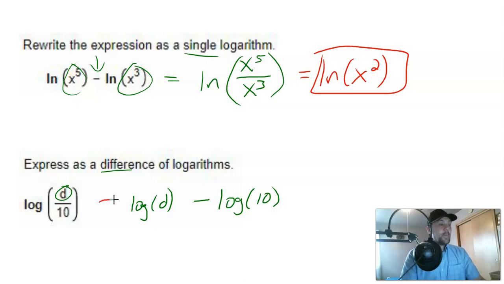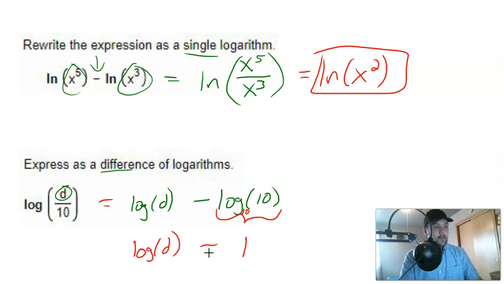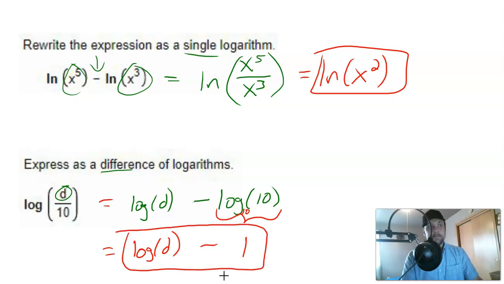And then this one has an extra special step here. Log base 10 of 10 can be simplified. So if the logarithm you get with a number can actually be simplified, you should go ahead and simplify it. And so how many powers of 10 does it take to equal 10? The answer is 1. And so log base 10 of 10 simplifies to 1. All right, so we get that result.